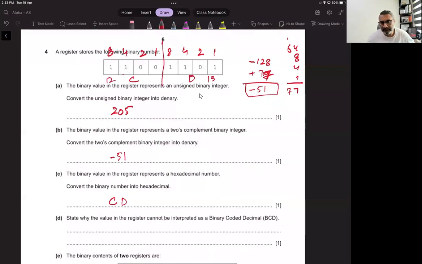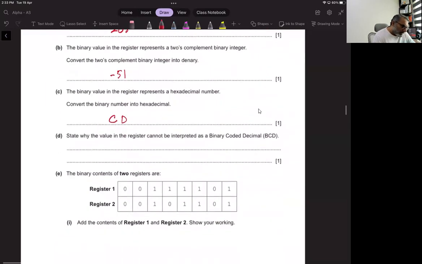C and D. I calculated it wrong because when I did it directly, it was minus 51, and then when I was trying to add, I added it wrong. So this is minus 128 plus 77, minus 51. Sometimes when you do it directly, it becomes easier. When you try to sum up and all, you can commit mistakes. At least true for me.